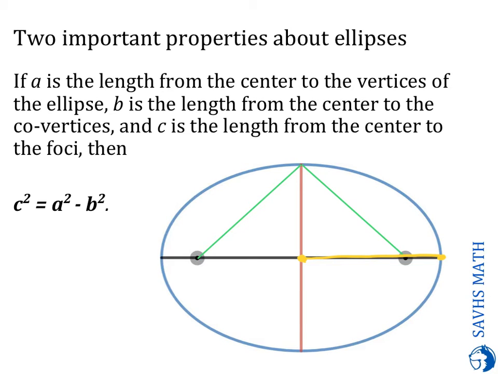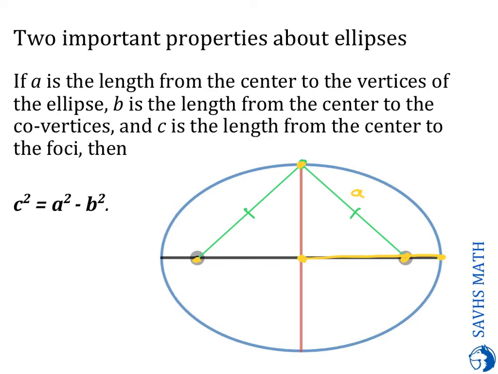Okay, so since those two triangles we constructed on the last slide are congruent, I can conclude that these two hypotenuses, this one and this one, are congruent. And remember that the distance from here to here to here is 2A. And so that makes this one 1A.